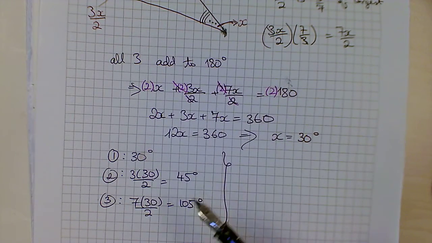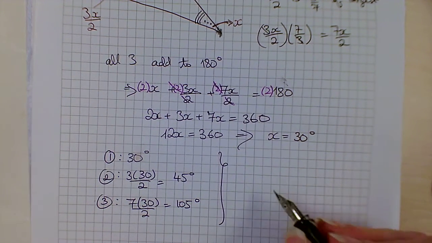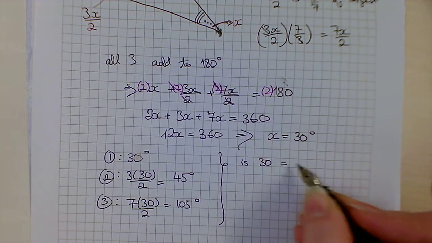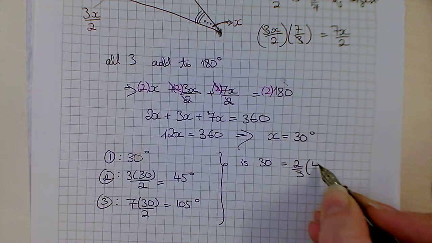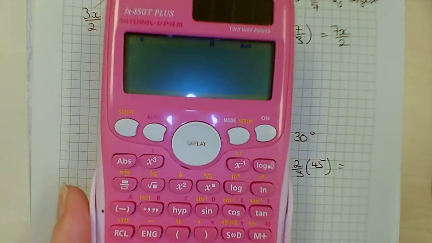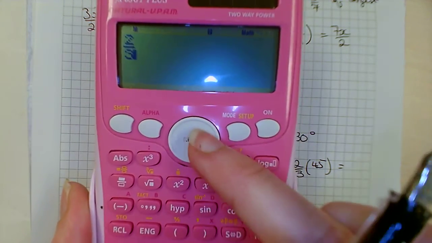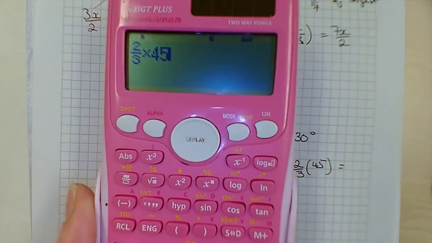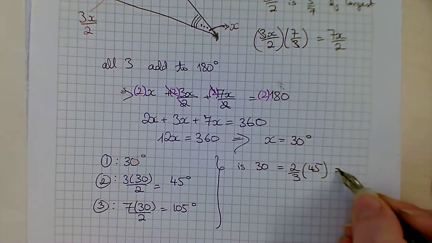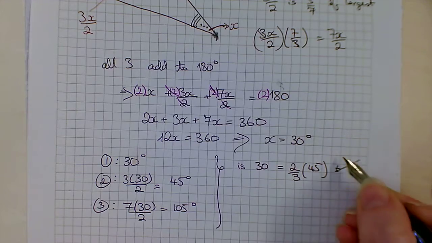Let's check if that matches the information that we were given. First of all, do they add up to 180 degrees? They do. Okay, 75 plus 105 is 180 degrees. The next one is, is 30 equal to 2/3 of 45? Which it is, of course. You can just check it in your calculator. 2/3 of 45. Okay, and so that's yes.